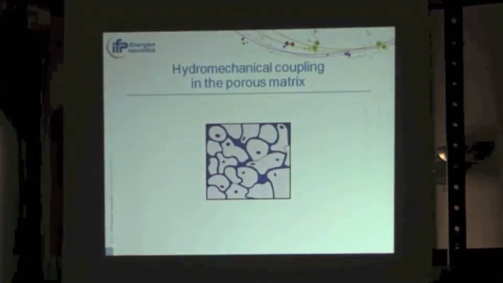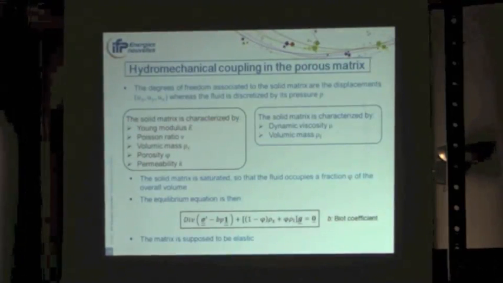So first, hydromechanical coupling in the porous matrix. The solid matrix is associated to the displacements, and the fluid is characterized by the degree of freedom pore pressure P. So we consider an elastic medium for the solid matrix with a porosity phi and a permeability K, whereas the liquid is characterized by a dynamic viscosity mu and also its volumic mass.